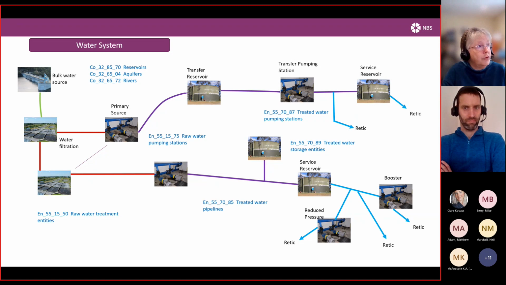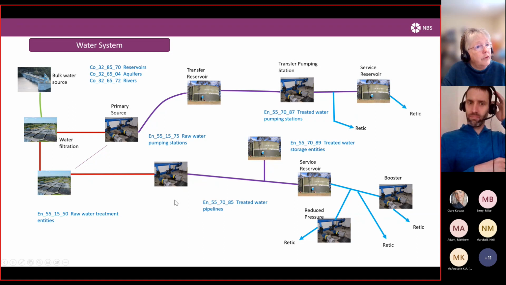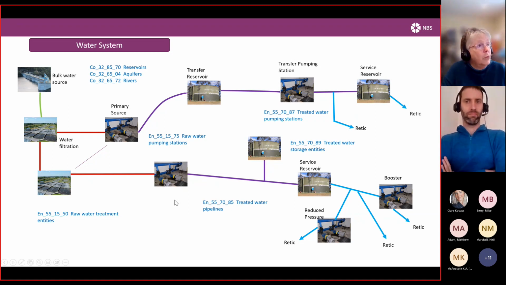So your bulk water source could be any one of a reservoir, an aquifer, or a river. And you'll notice that these codes here are not associated with the 55 that otherwise is used for water supply, because, for example, with reservoirs, there are other activities that go on around reservoirs, and so it's not unique to the water industry. Similarly with aquifers and rivers, which are naturally occurring things.